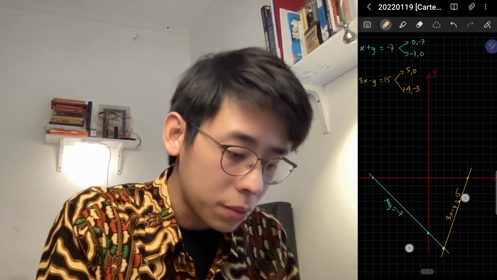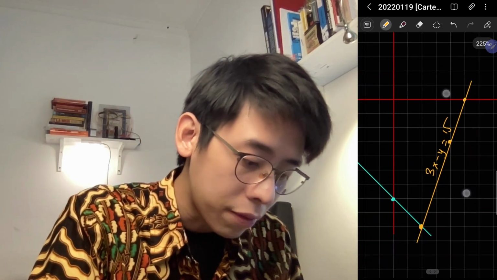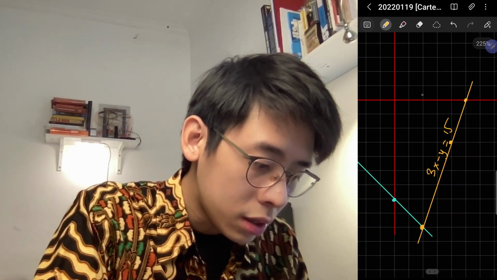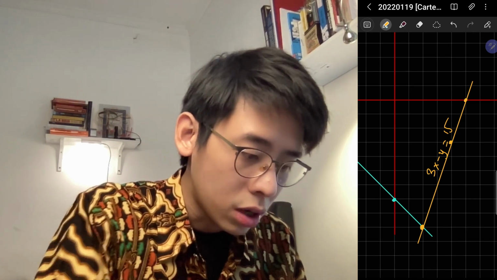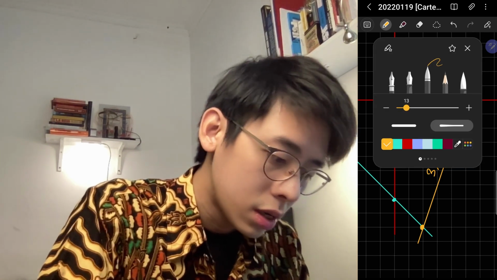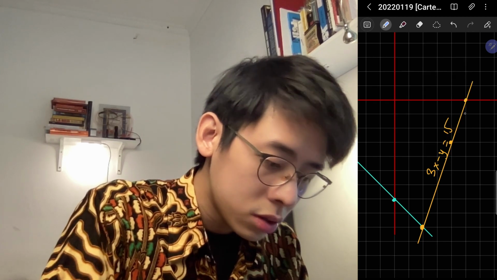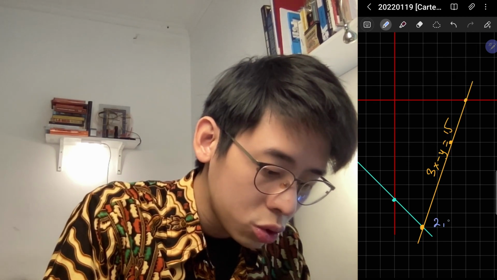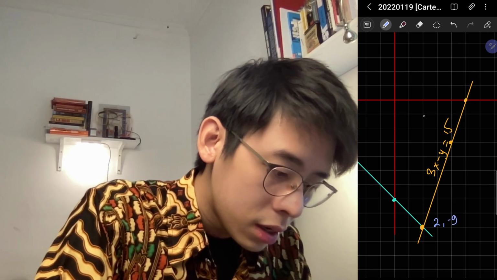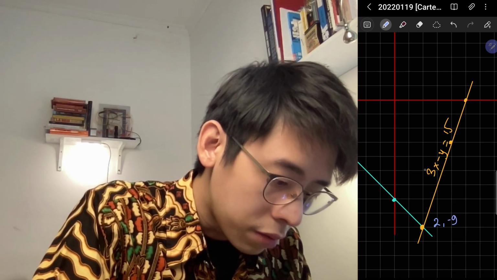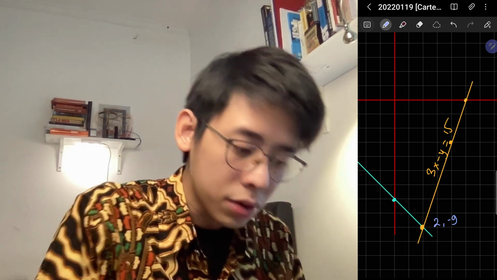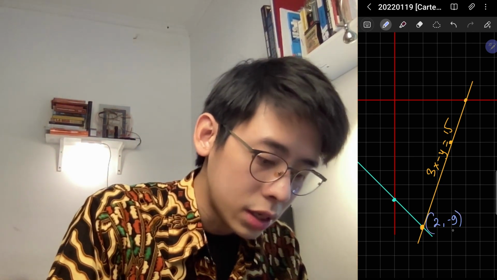We have it from the graph. If we take a look, the coordinates of the intersection, let me use another color, the point of intersection here is (2, -9). Okay, so this is the intersection point.